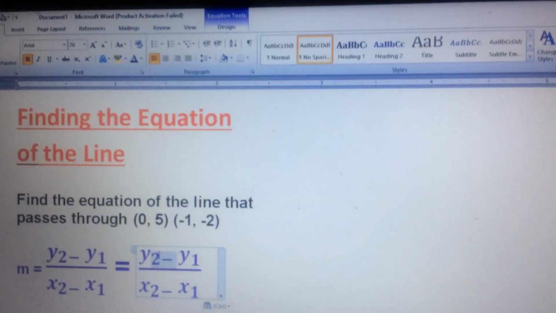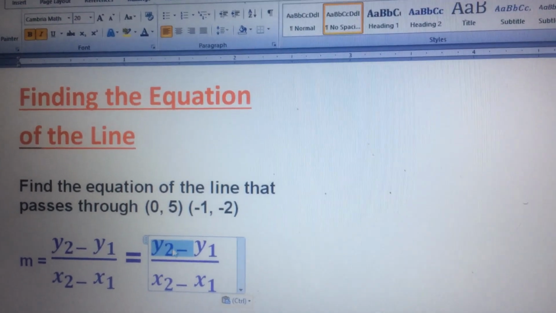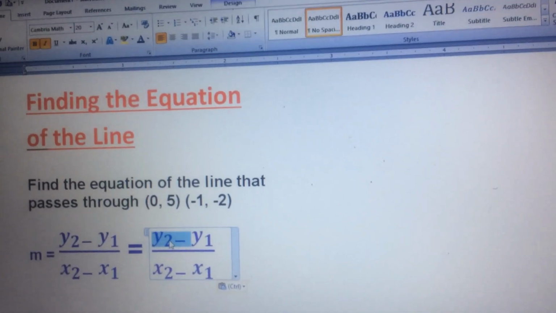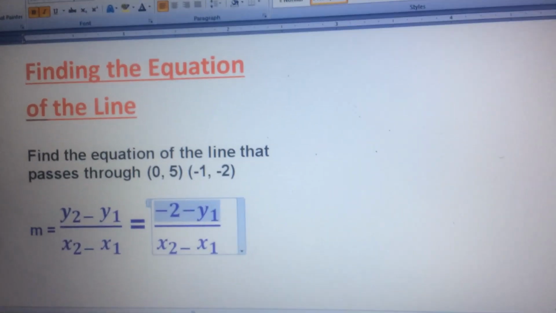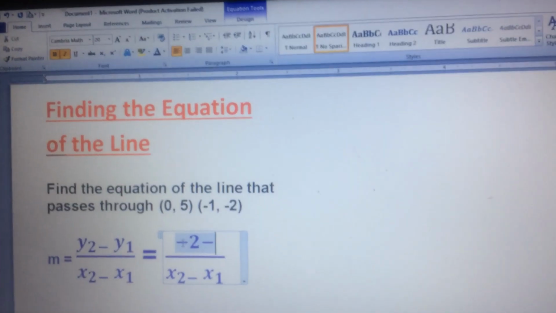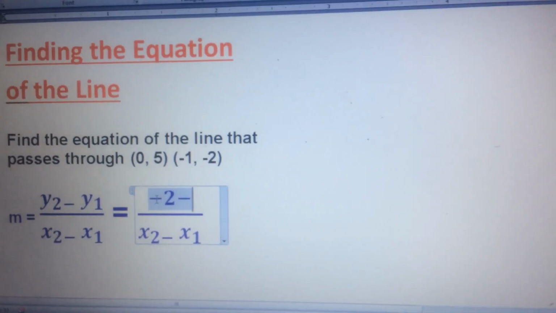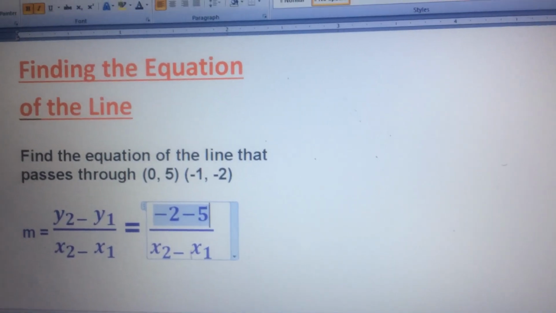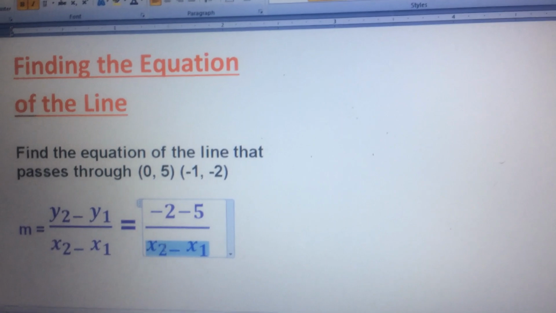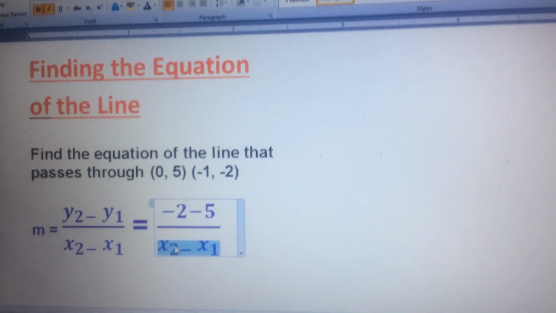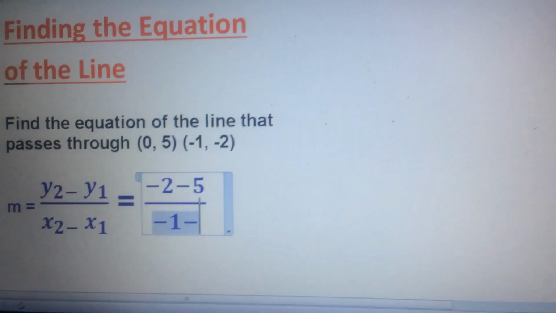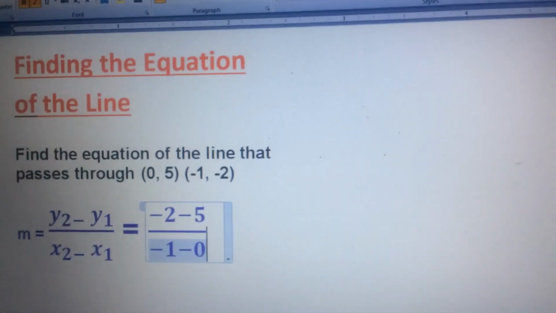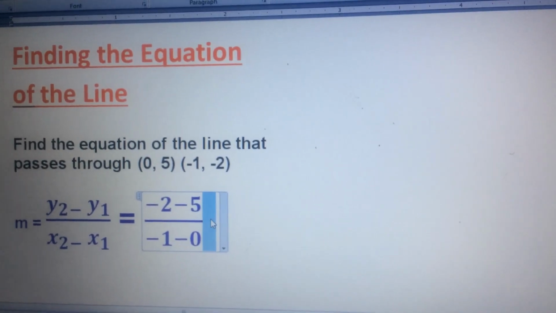I'm going to replace y sub 2 with its value, which is -2, minus y sub 1, which is 5. Then x sub 2, which is -1, minus 0.